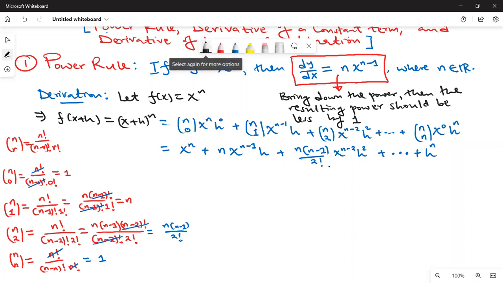So the next thing is to get the difference of f of x plus h and f of x.